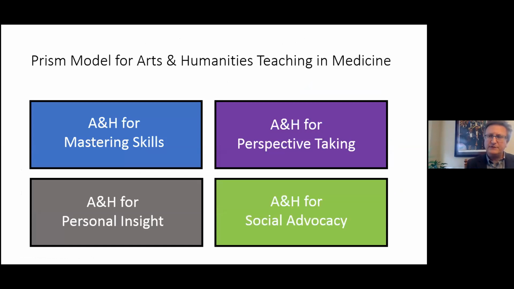And what emerged from this is what we're calling the PRISM model for arts and humanities teaching in medicine. The idea that the arts and humanities in this literature are talked about being used in one of four ways. Being used for mastering skills, being used to create perspective taking, to create dialogue and help learners understand the perspectives of others besides themselves.